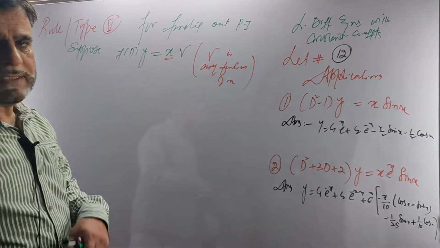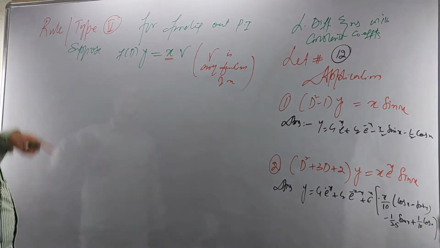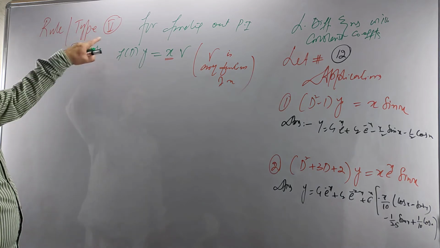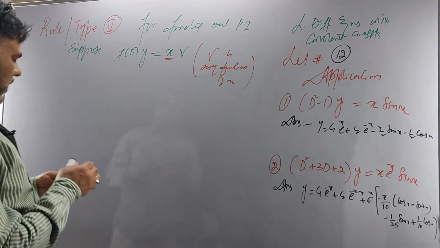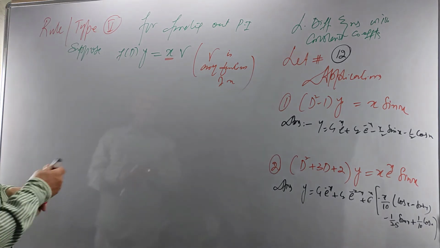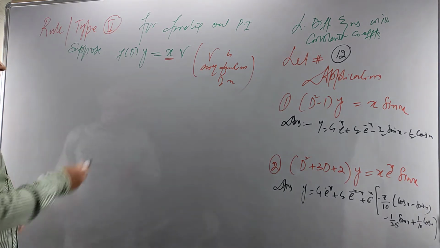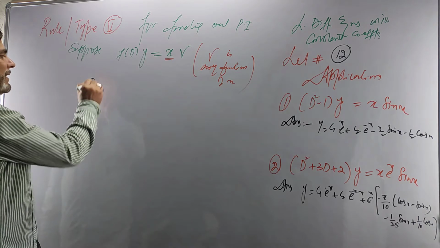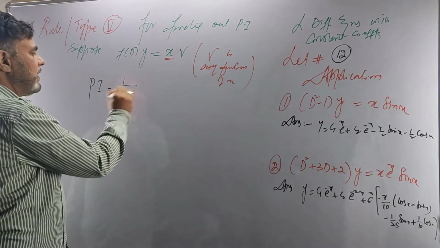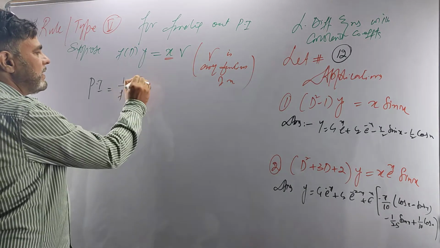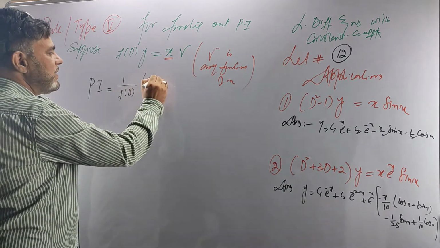If it is not linear, then we will switch on the previous rule, that is rule number 4th. We can do it by rule number 4th. Now how to find out the particular integral in this case? You will remember this. In this case, particular integral is found as 1 by f of D, this is your xv.